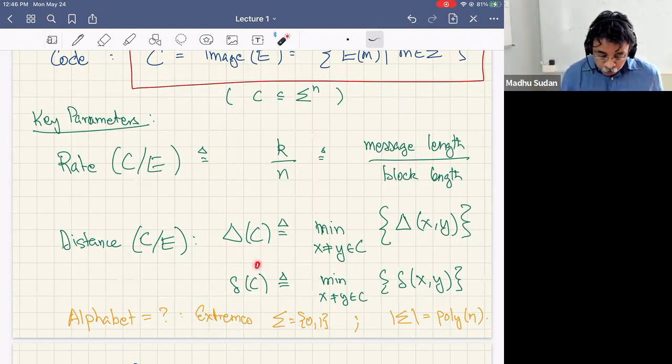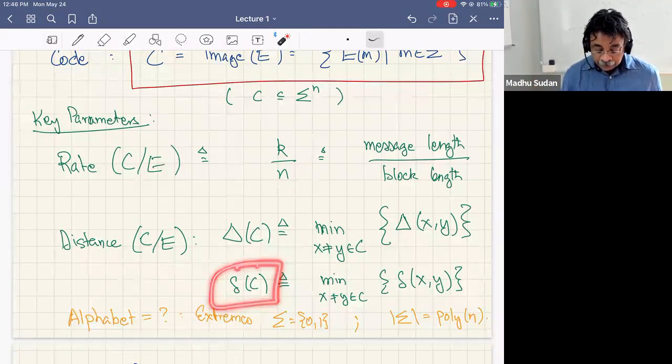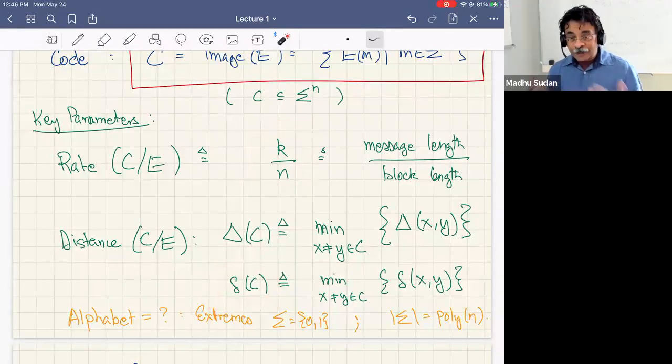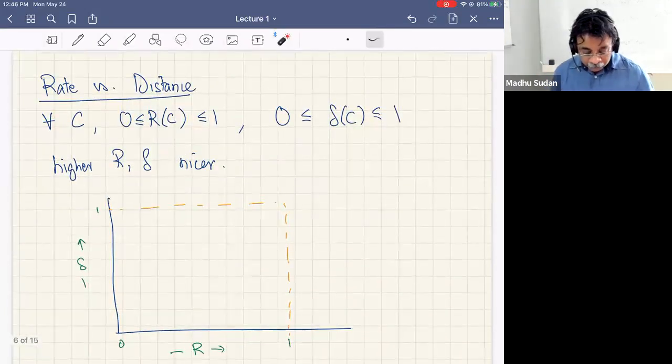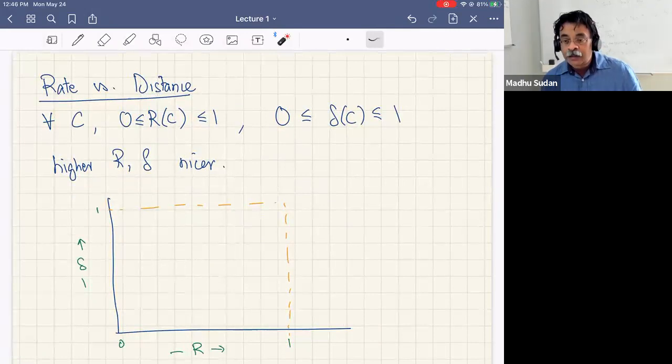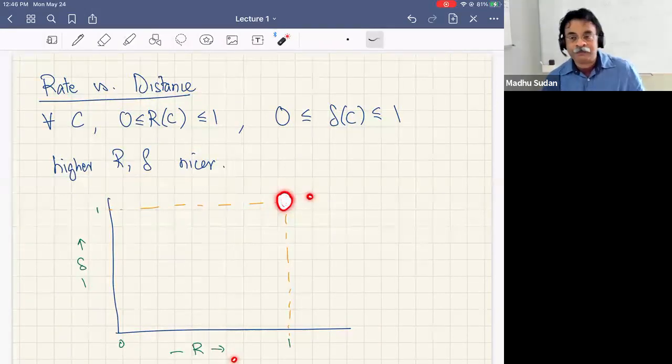So the 2 parameters of interest are the relative distance of the code and the rate of the code. So if I want to plot rate versus distance, what would I like? I would like to be here. The rate of the code should be 1, maximum possible. The distance of the code should be 1, also maximum possible.